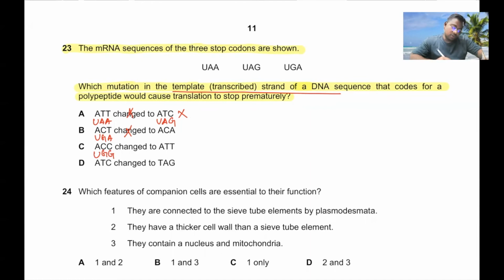UGG changed to ATT. All right, ACC changed to ATT will be UAA. All right, C should be the correct answer. If ACC changed to ATT, then a stop codon will be there prematurely. Question number 23, answer C is the correct answer. 23C.